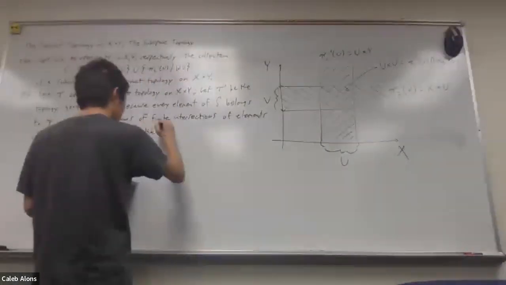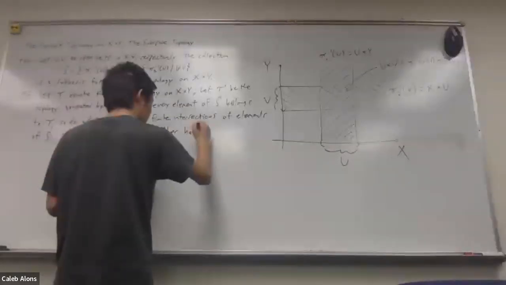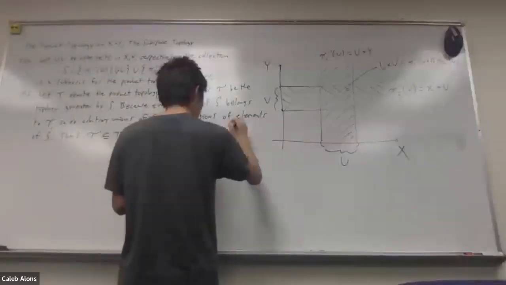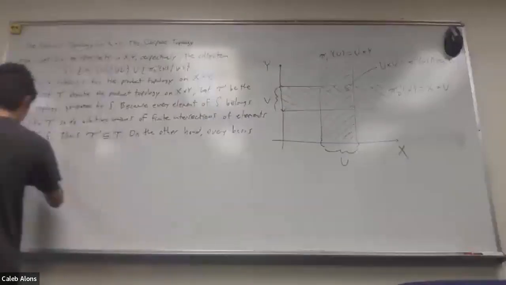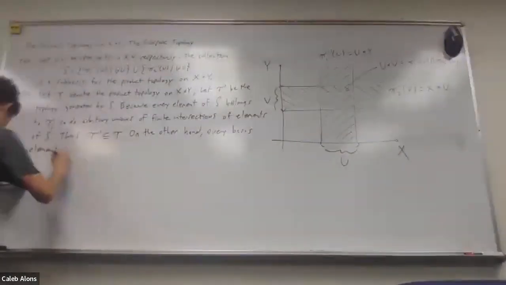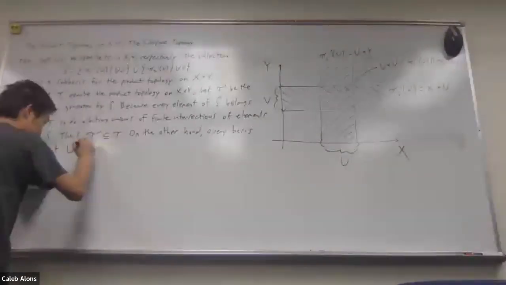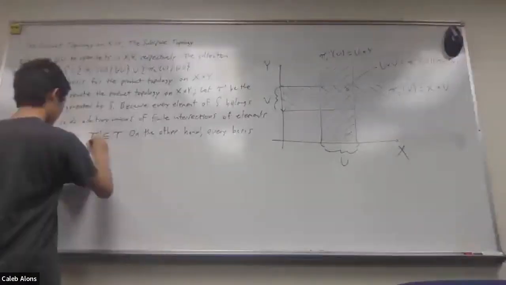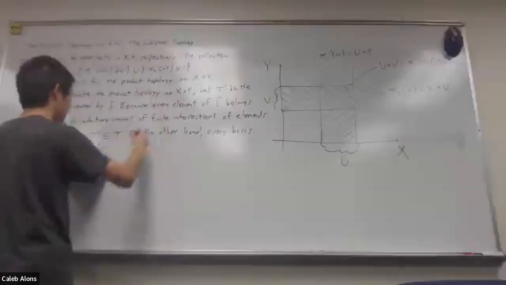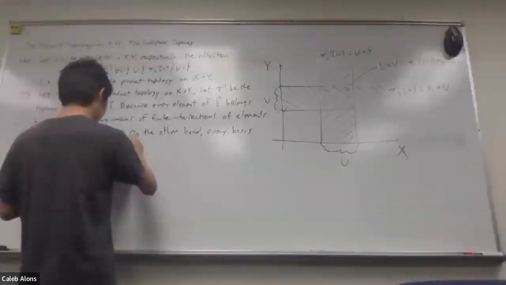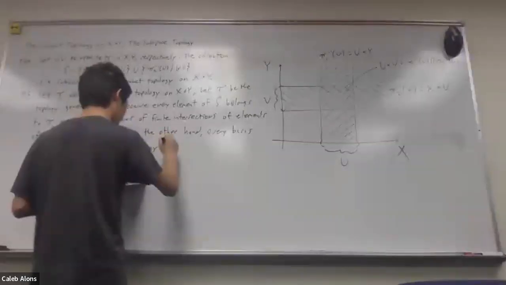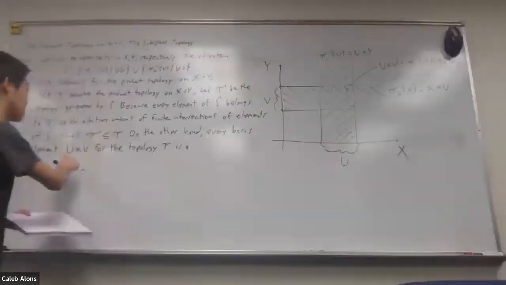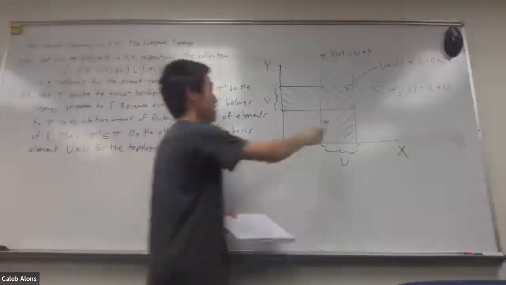So on the other hand, and this is where we'll be able to invoke this work, every basis element U cross V for the topology T is a finite intersection of the elements of S. U cross V presented like this is not an intersection, and that's why we did it like that.